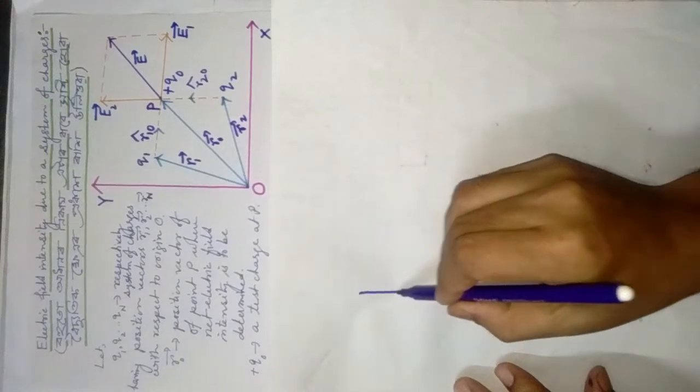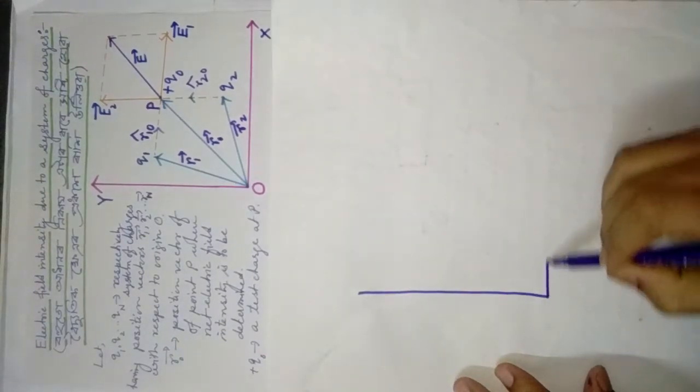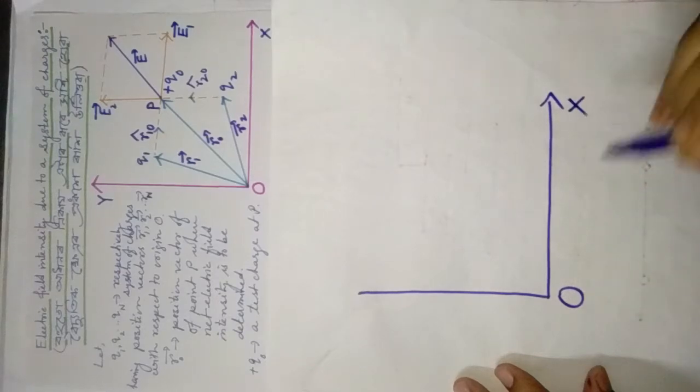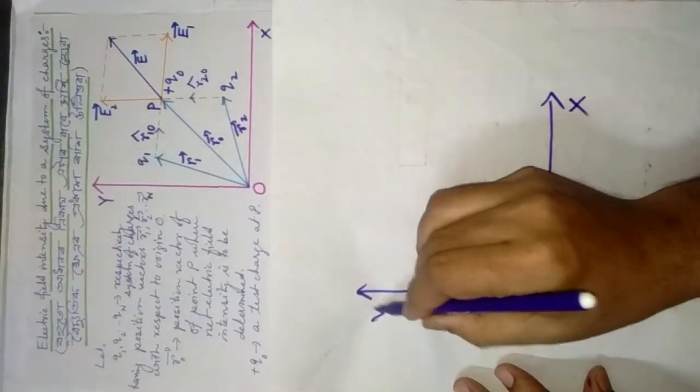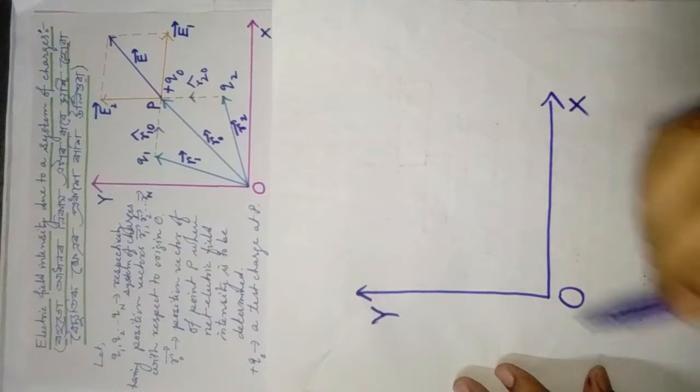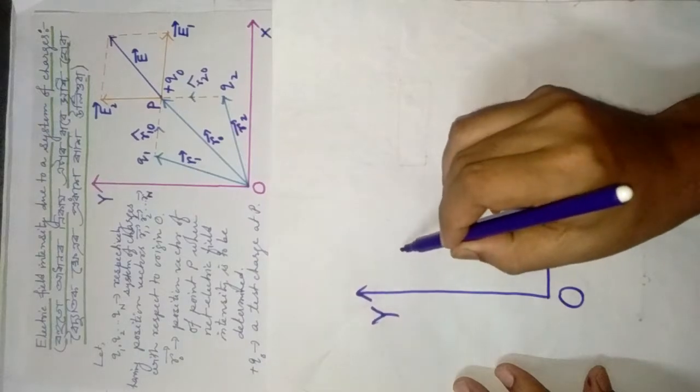See, suppose this is the coordinate system. This is the origin, this is the X-axis, and this is the Y-axis. Suppose there are n charges, but for simplicity I am going to consider only two charges.